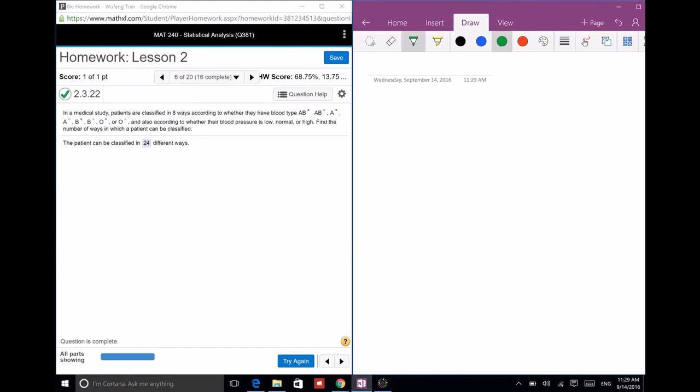Number 6. So you have 8 blood types. For each one you have 3 choices: low, normal, and high. So basically you have AB plus with low, normal, and high. And you have AB minus, and you also have 3, low, normal, and high.